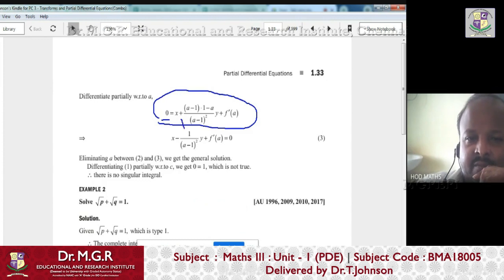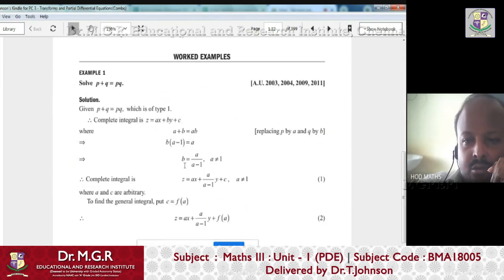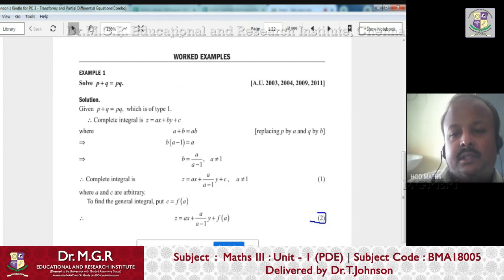And by simplifying, we get this. After this, we always write this simple line: eliminating a between equation 3 and equation 2, equation 2 gives the general solution.